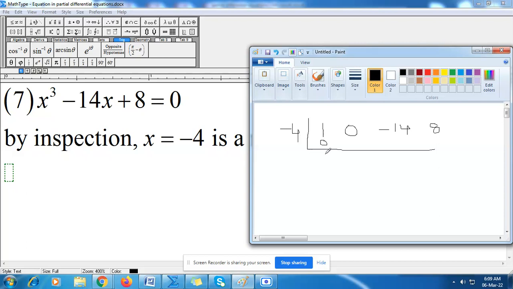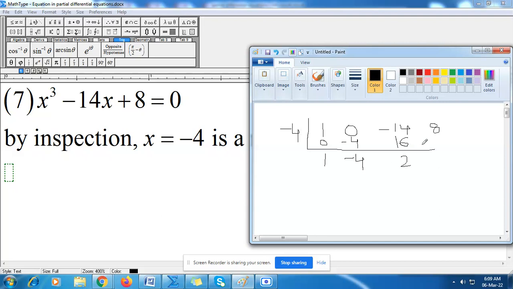1 plus 0 is 1. Minus 4 into 1 is minus 4. 0 minus 4 is minus 4. Minus 4 into minus 4 is plus 16. Minus 14 plus 16 is 2.